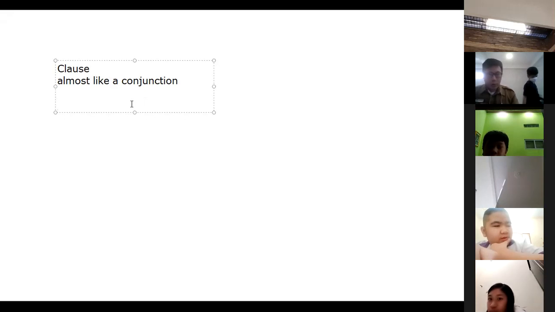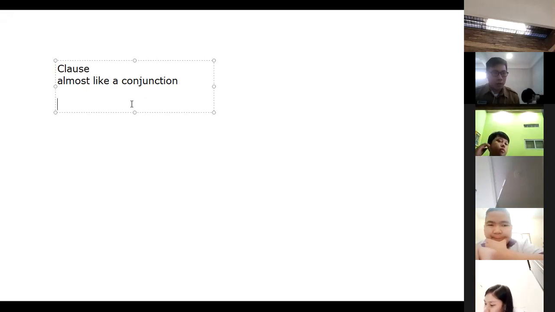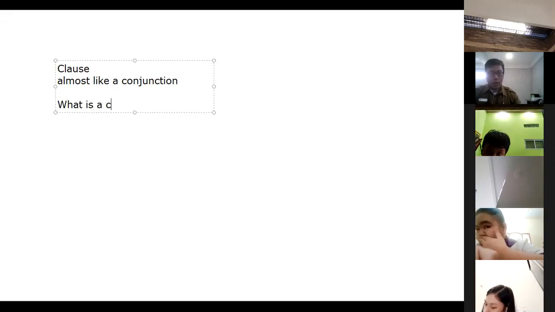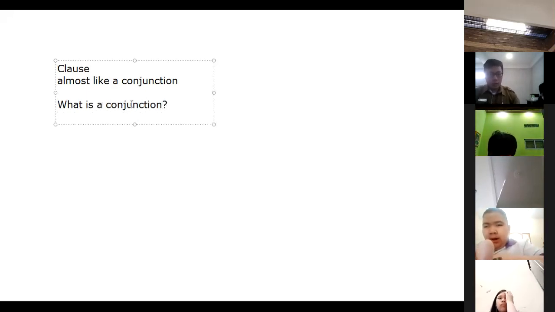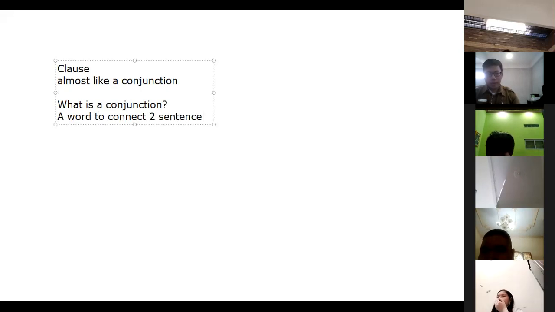Okay, before we move on into clauses, we try to find out what a conjunction itself is. It's a word to connect two sentences.